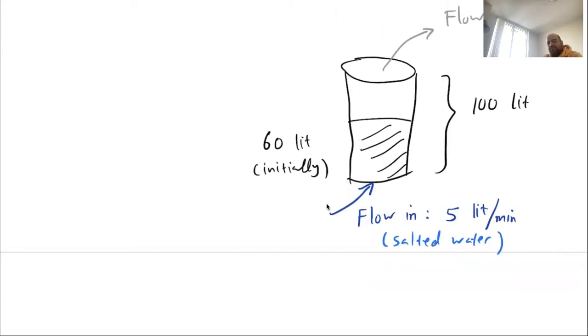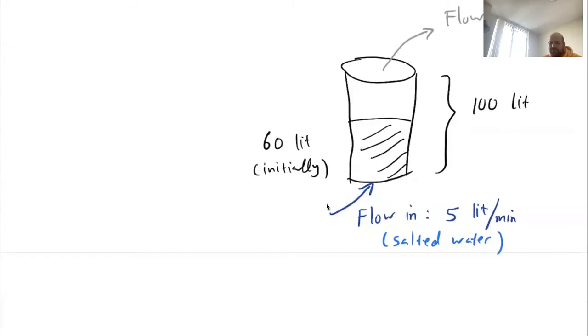Now, let's forget about the salted water and the amount of salt for now. Just let's think about the water itself for the moment. There is 60 liter water in the beginning and the full capacity is 100 liter. During each minute, 5 liter flows in, 3 liter flows out. So overall, in each minute, 2 liter water flows in.